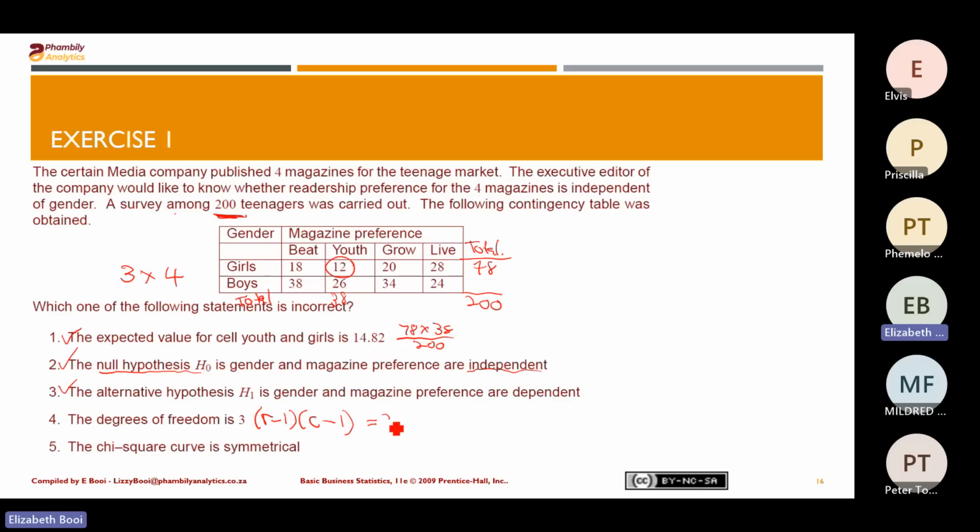We've got 3 rows minus 1 and 4 columns minus 1. Therefore it will be 3 minus 1 is 2 times 4 minus 1 is 3. The answer would be 2 times 3 is 6.